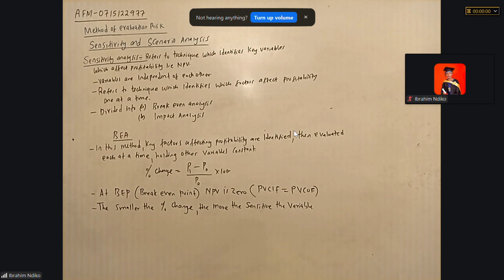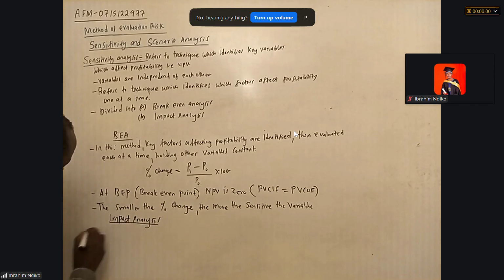Let's talk about impact analysis. Number two, impact analysis. Also, I'm not going to do a question for impact analysis, but I'm interested in the scenario. I will do a question tomorrow, or maybe if we have time.